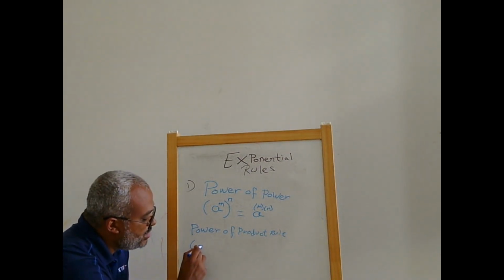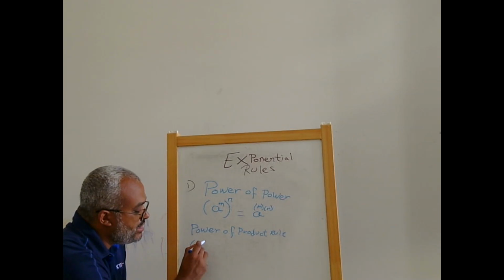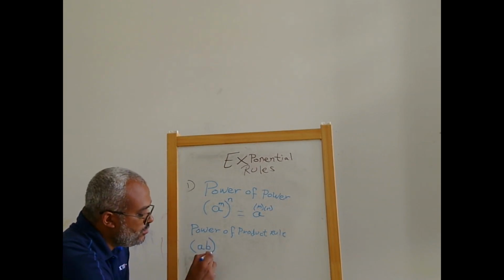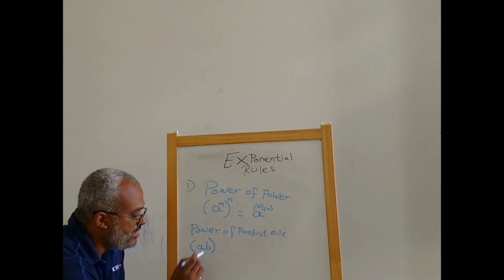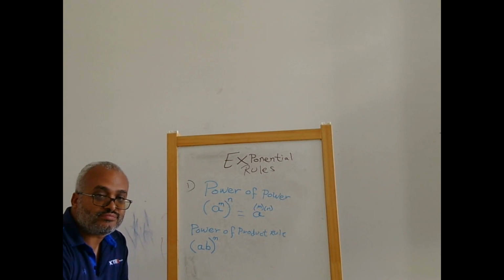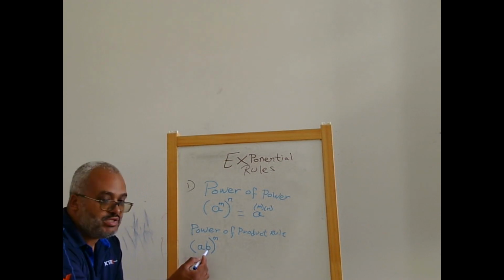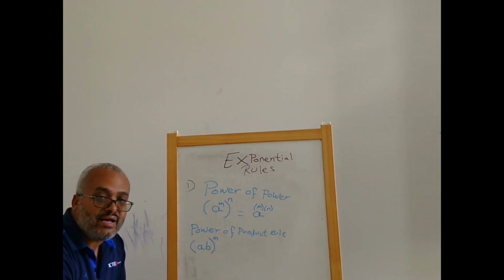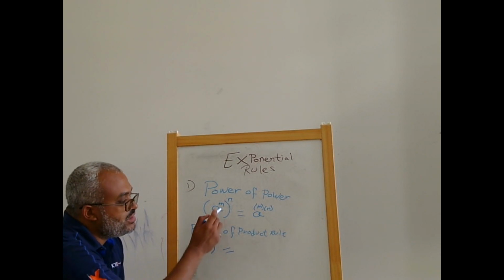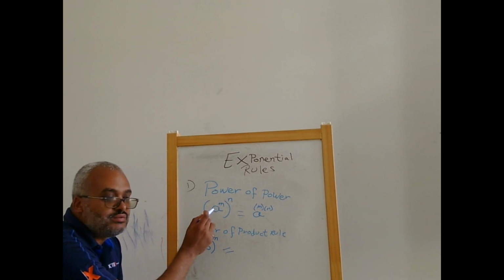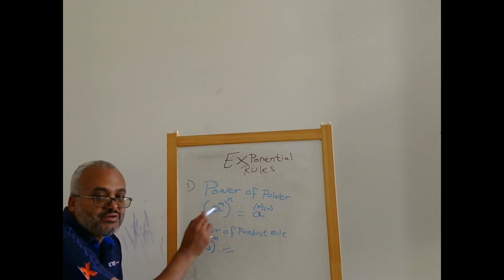So you have one base, let's say a. You have a second base, which is b. Close the bracket. Now we have a power, let's say m. So (a times b), which is two different bases, to the power of m. It's called power of a product. Same thing as we did here. We took the base and multiplied them together.